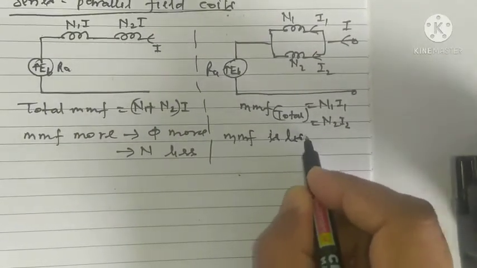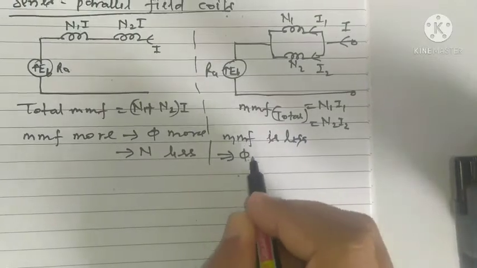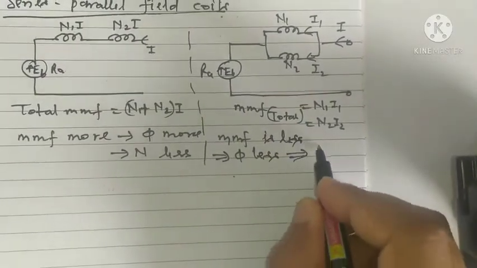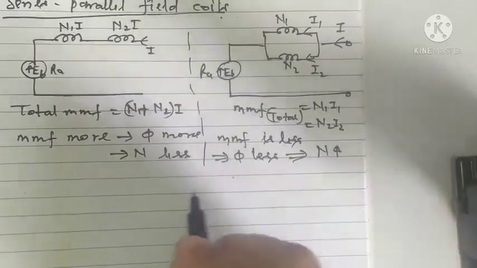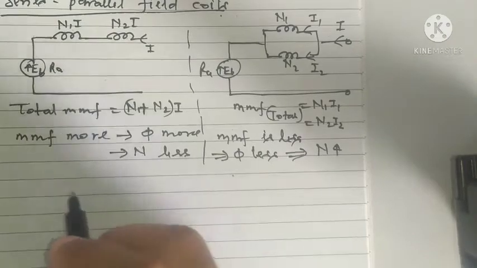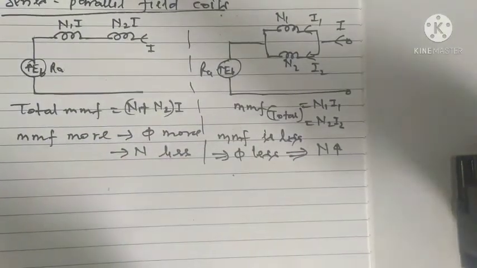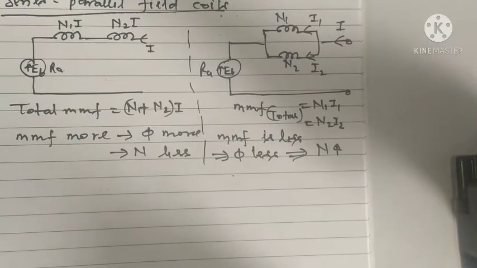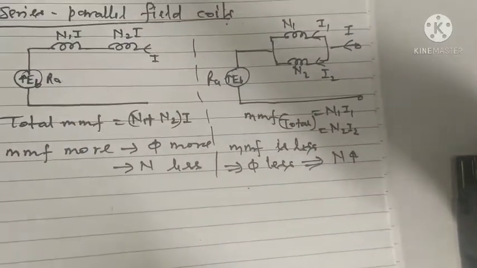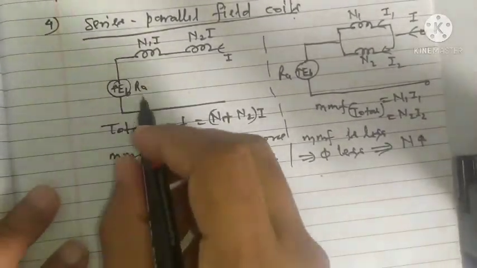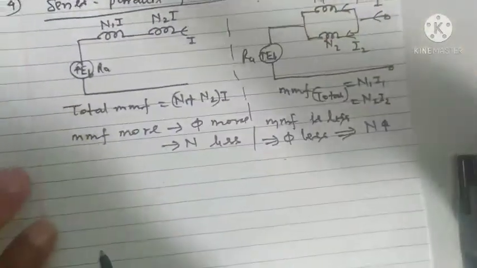MMF is less, this implies flux is less, therefore speed is high. So by connecting field coils in series and parallel, we can have speed low or high. For series it will be low, and for parallel it will be more. This is the series connection and this is the parallel connection.